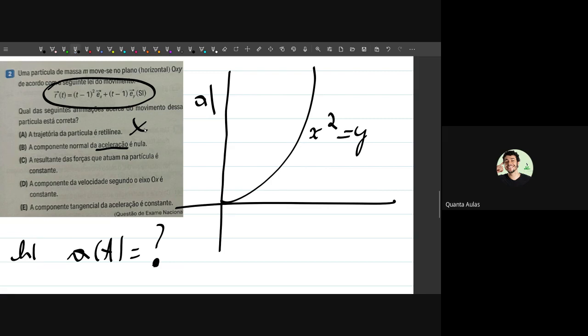Have you already studied the derivatives? No, not yet. Not yet. But you really need the derivatives here.